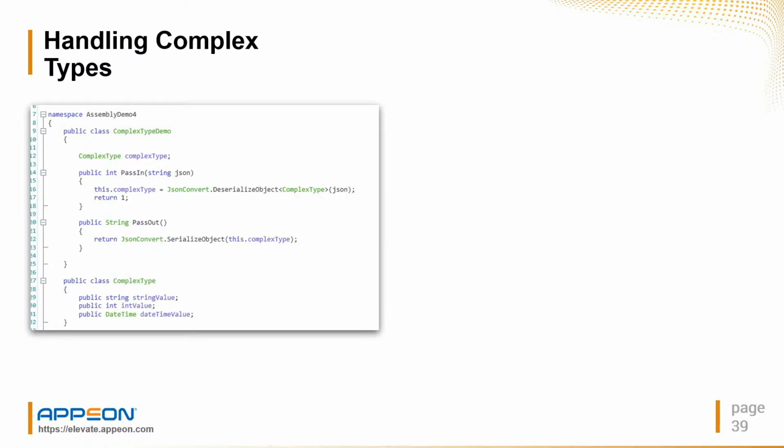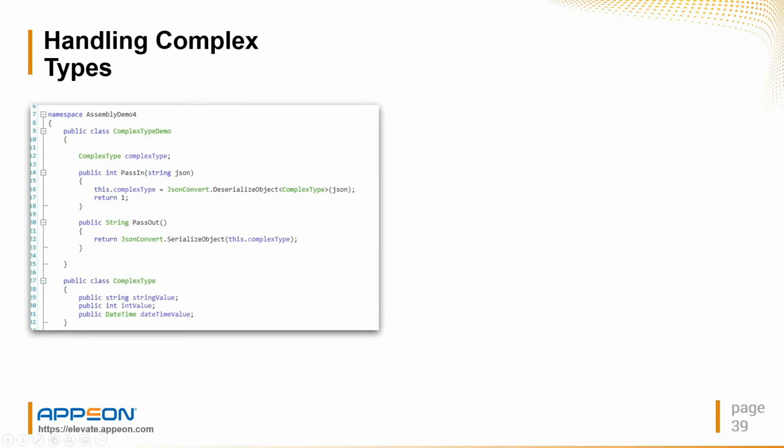So PowerBuilder takes the data, converts it to JSON, passes it into the .NET assembly, and the .NET assembly then deserializes that data back into the complex type. And the inverse is, if it wants to pass a complex type to PowerBuilder, it serializes the object as JSON and then sends the JSON back.